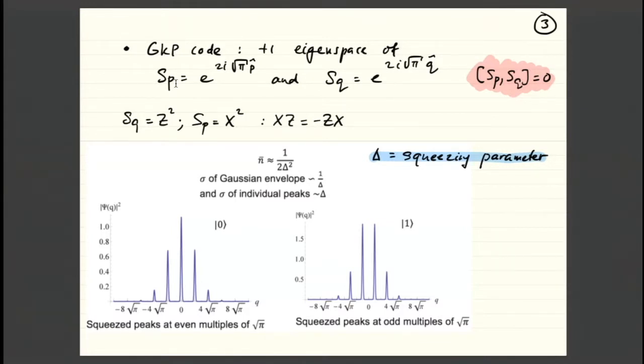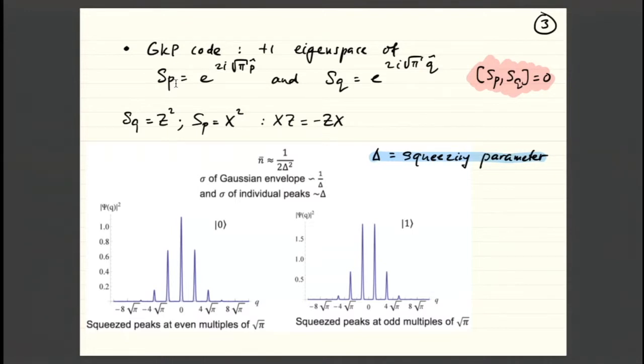This is the absolute value of Q squared, the probability. Now this is not an equal superposition of delta functions in Q. It's something with a Gaussian envelope, and every delta function is a little bit wider. But you see that the peaks only occur at even multiples of square root of pi. So that's my 0. And the 1 is where the peaks occur at odd multiples of square root of pi.